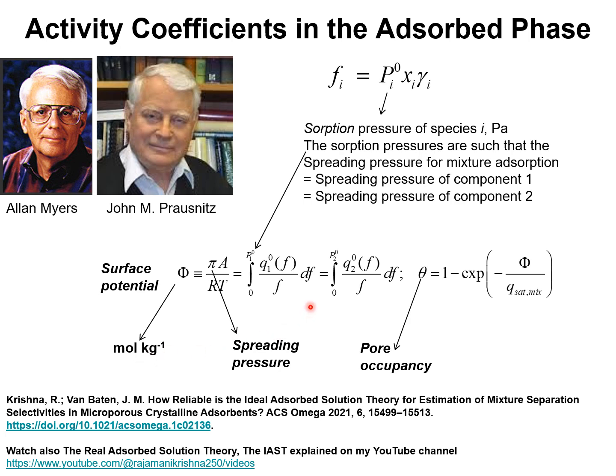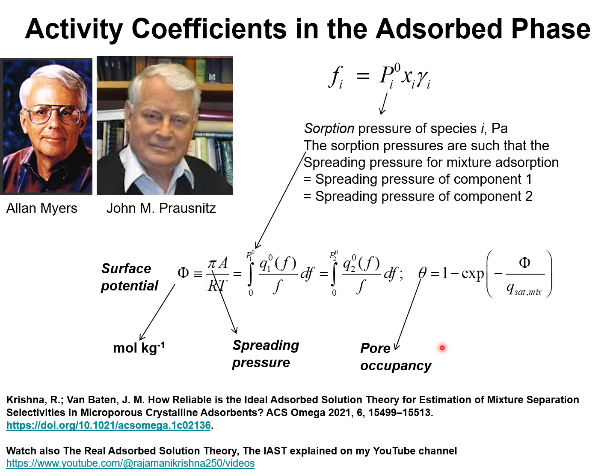These can be determined from the fits of the unary isotherms for each of the components in the mixture. The surface potential phi is a proxy for the spreading pressure.